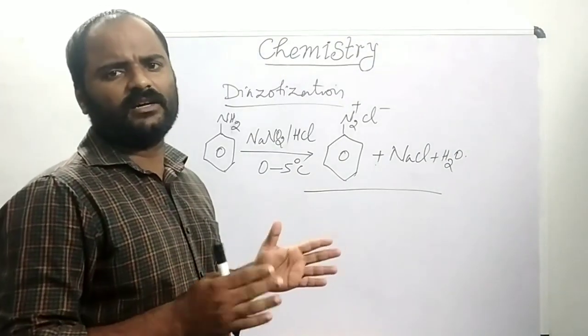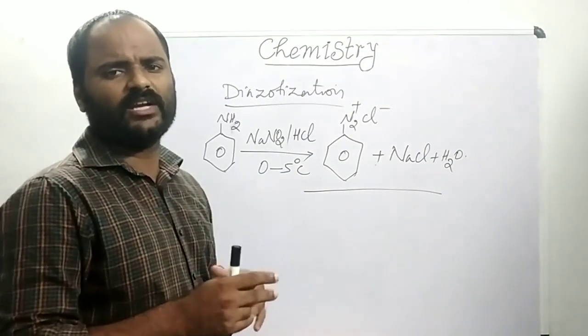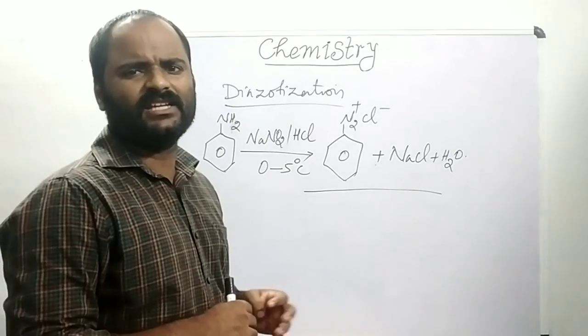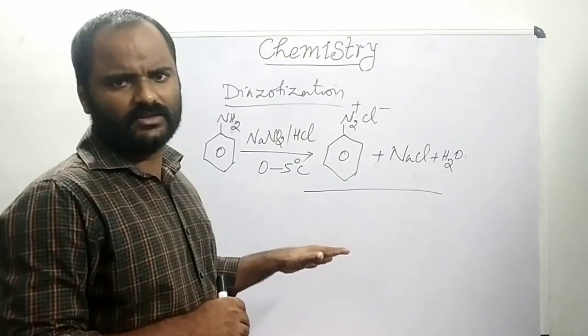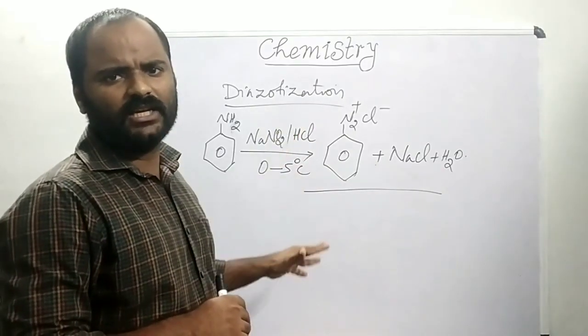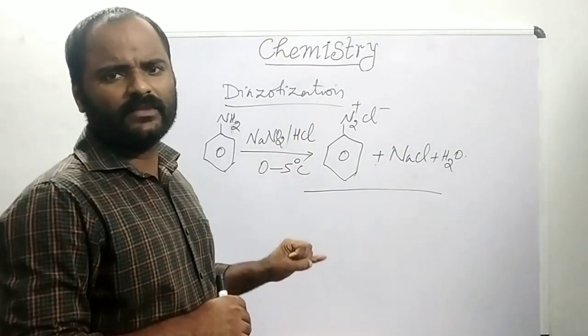The reactions and the properties, physical as well as chemical, we can discuss in the next class. So that is all about today's class. Today we have seen nitration and sulfonation of aniline.